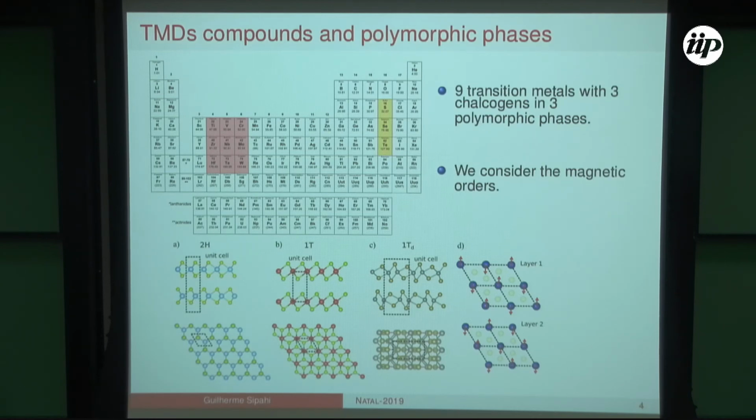So we have to study 2H, 1T, and 1T-prime, which is a distortion of that, usually through a Peierls distortion.